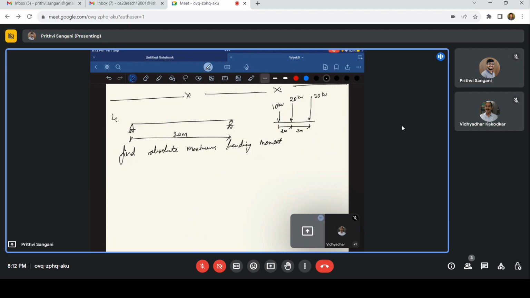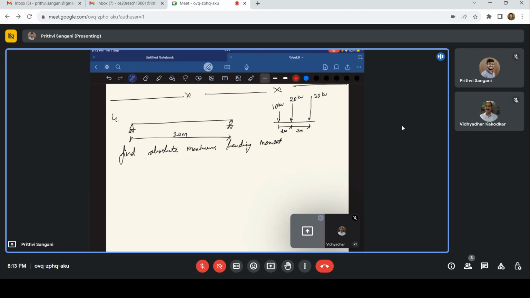I'll just directly go through the process on how to find the absolute maximum bending moment, because the derivation takes a lot of time. So I'll skip the derivation part, and I'll just show how we go ahead and find the maximum bending moment for the moving train of loads.